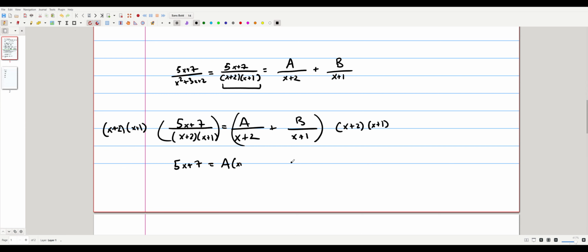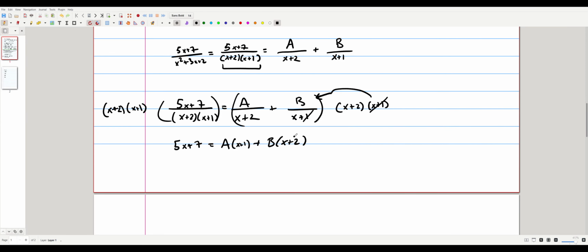And then when we FOIL it to this term, this time the x plus 1's will cancel, and we're just going to get b times x plus 2. And so we can FOIL this out, and we'll get 5x plus 7 is equal to ax plus a plus bx plus 2b.